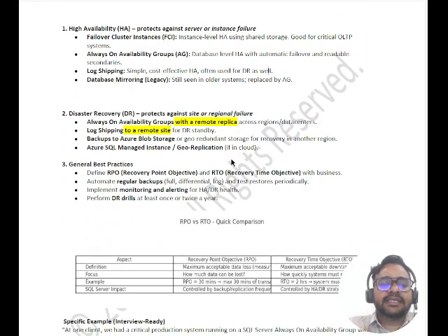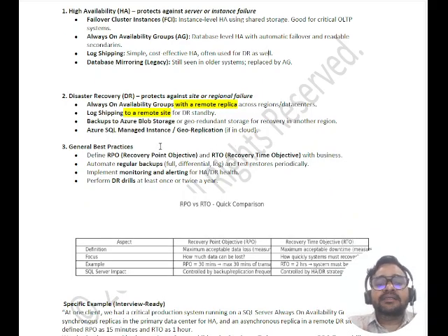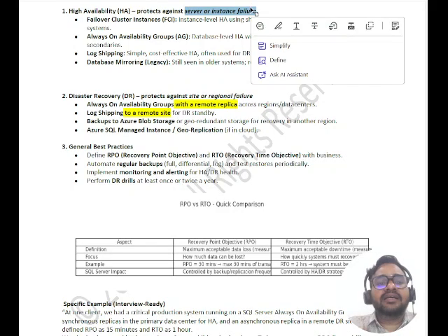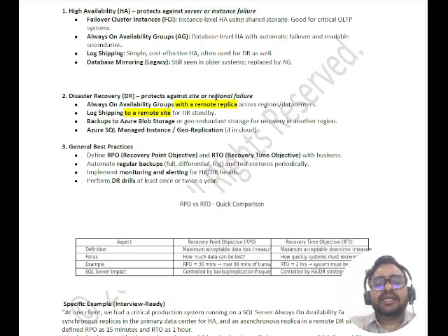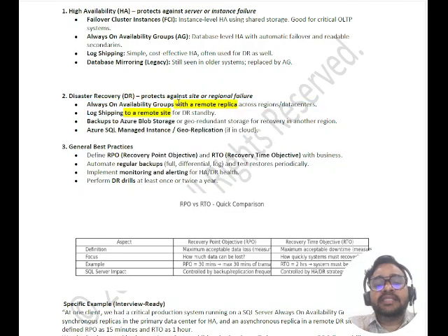Now we come to database disaster recovery. Disaster recovery protects against site or regional failure. As mentioned, high availability protects against server or instance failure, but DR protects against site or regional level failure, so keep that in mind. The strategies we follow for DR: Always On availability group with a remote replica.